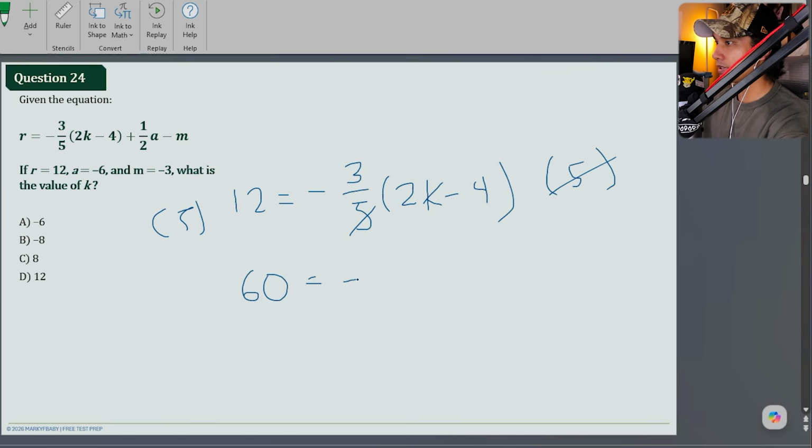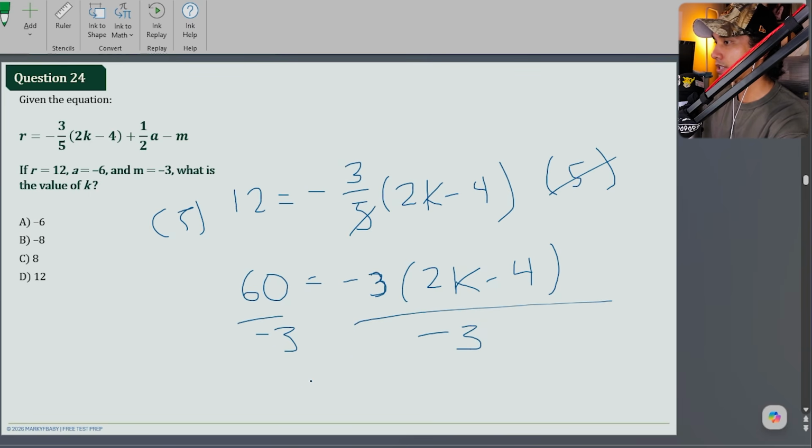And this equals -3 times 2k minus 4, okay? And then I'm going to divide by -3, divide by -3, and this will give me negative 20 equals 2k minus 4, okay?